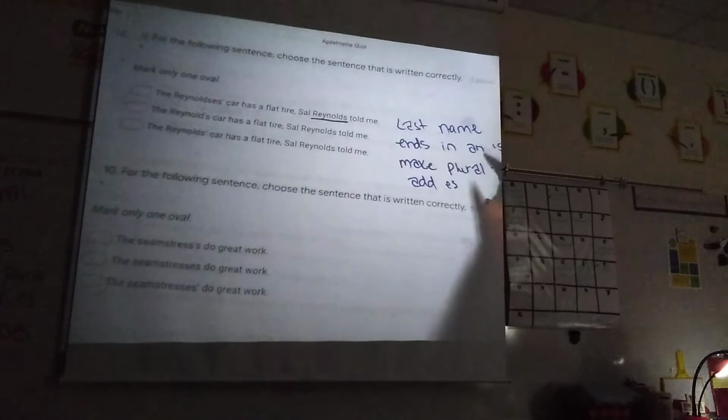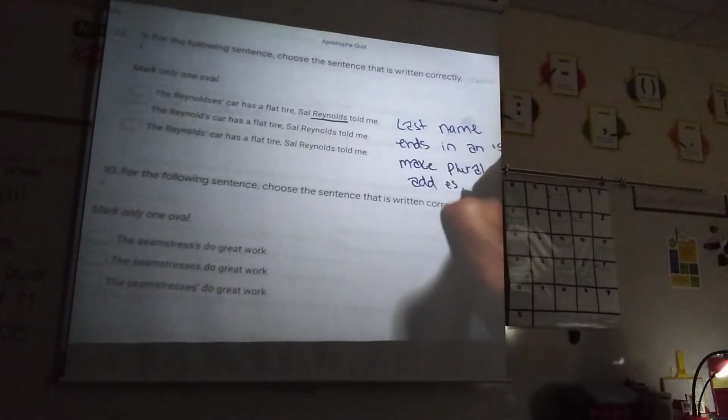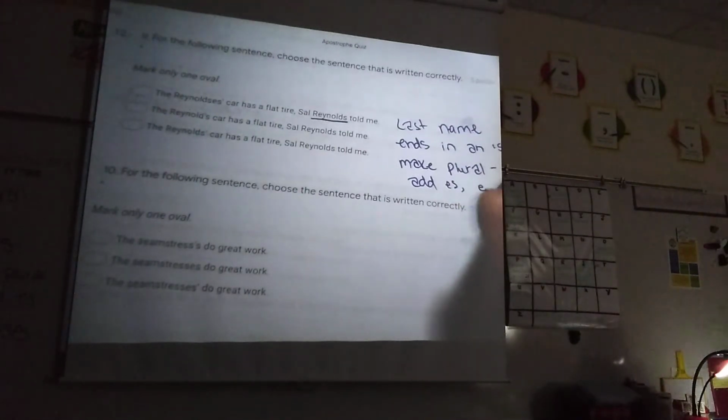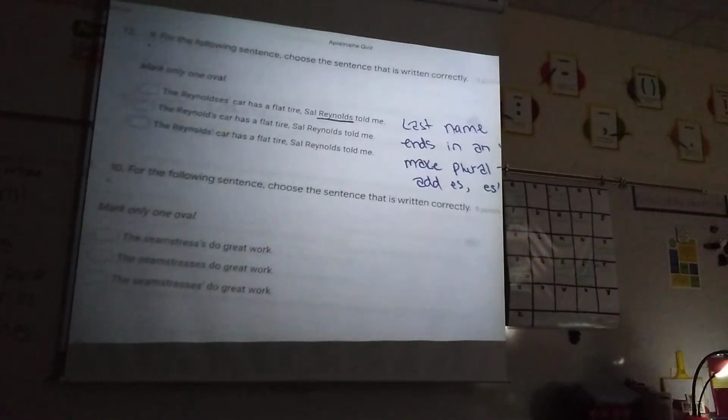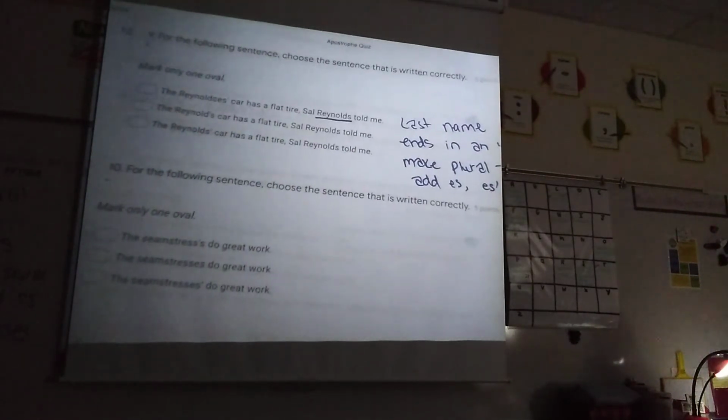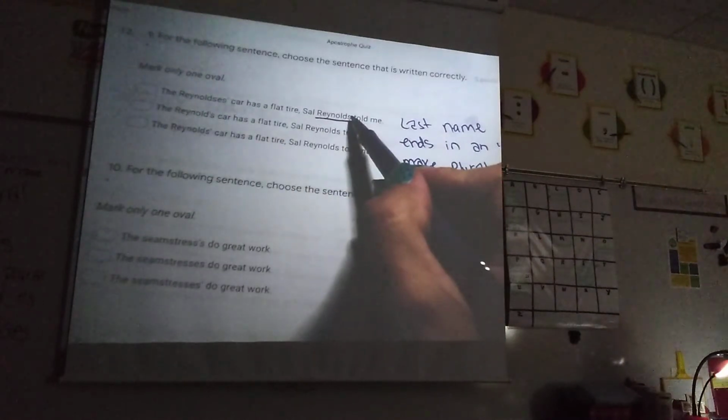Then to give possession, you would do ES, then apostrophe. So we're talking about the Reynolds' family's car. So with that, we would have to do the Reynolds and then add an ES. So then we are automatically drawn to just one option.